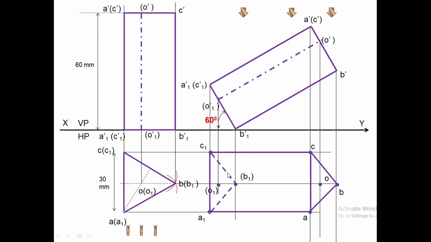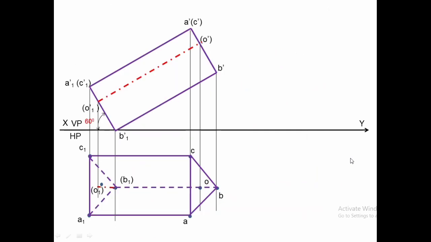Draw the interior lines with thick dashes. There is one more edge here, B1, that also you mark with thick dashes. Then mark the axis. This is the second position.